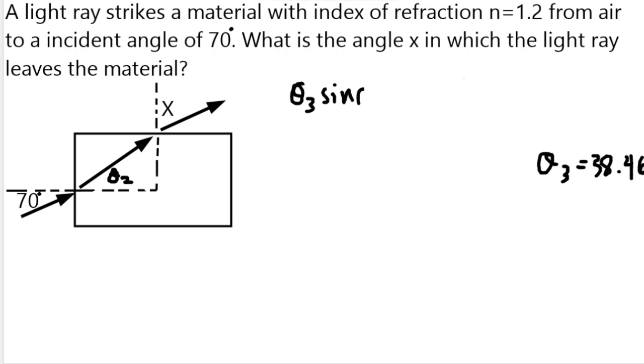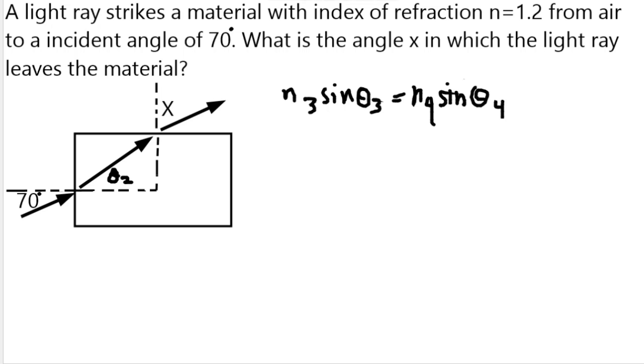Now putting our equation once again, we have n sub 2 times sine theta 3 equals n sub 3 times sine theta 4. So now we're going to calculate theta 4, which is going to be the value of x, and that's the solution for our problem. So theta 4 is equal to arc sine of 1.5 times sine 38.4.